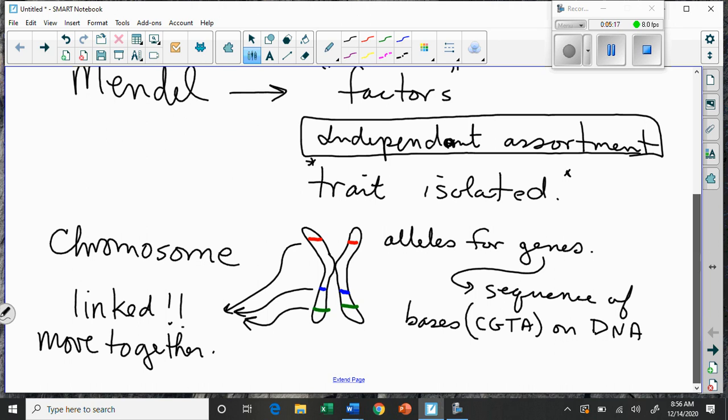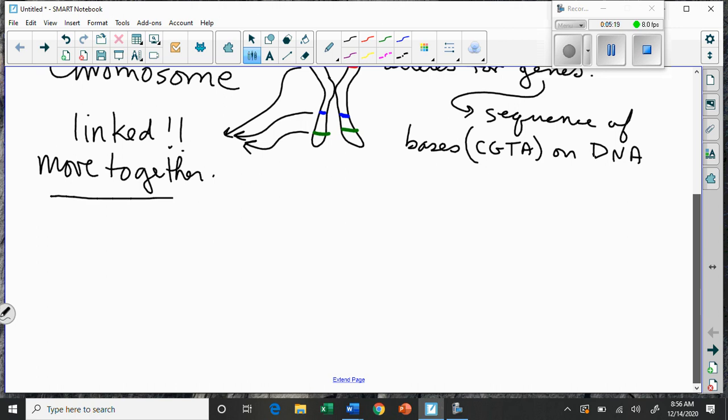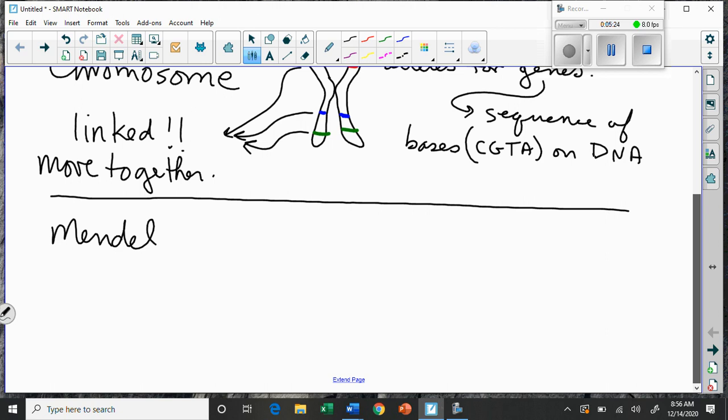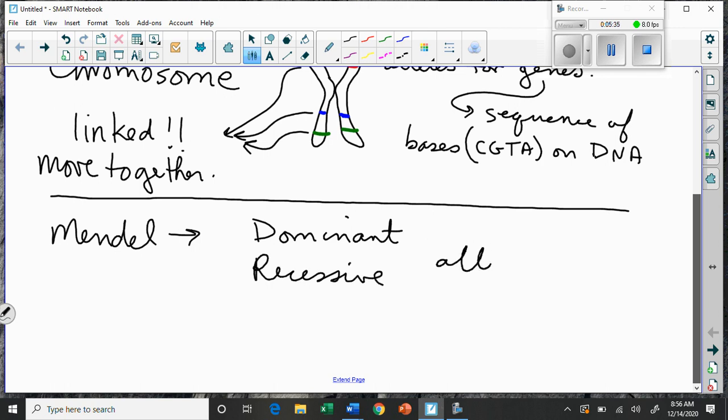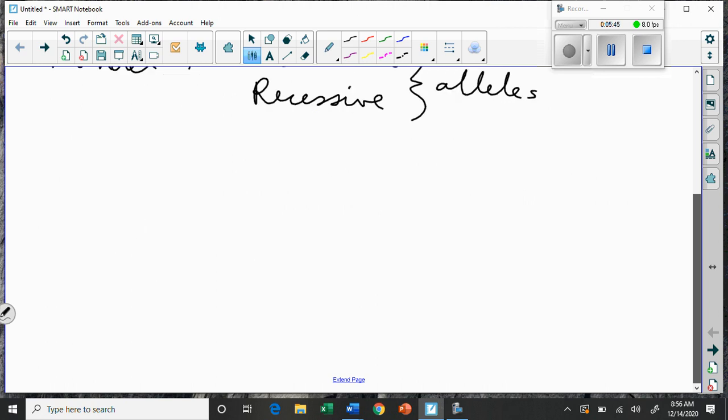Now, here's some other interesting things. I'm just comparing. Mendel had said that there is what we call the dominant allele and a recessive allele. These are the alleles, right? And what we've discovered is that that's not quite the case. It's not so black and white. We also now have something we call codominance.